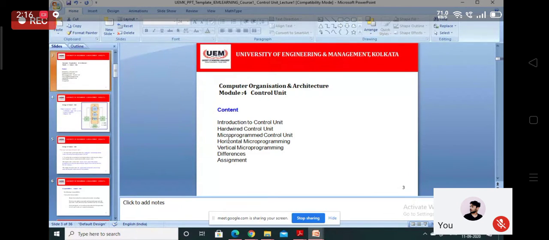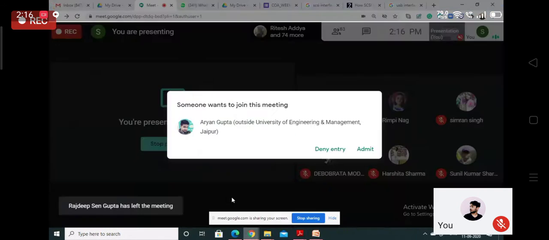While the microprogramming control unit is another type of control unit design method, and it is used for designing the control unit in the digital computer. Basically the microprogramming concept is used, and there are two types: one is horizontal microprogramming, another is vertical microprogramming.